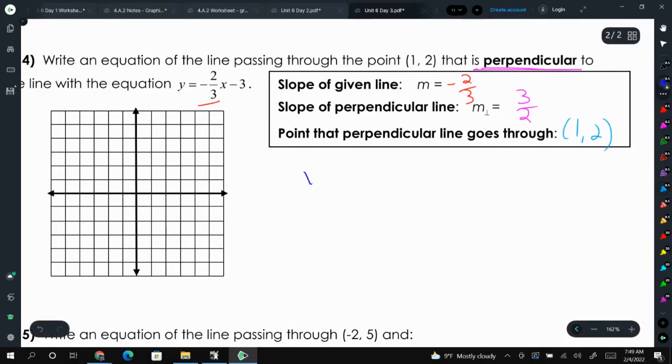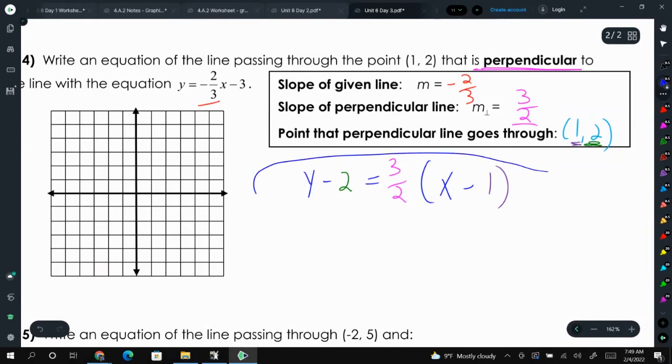So again, we're going to do y minus y1, which is 2, equals m, our slope, 3 over 2, and then parentheses x minus x1, which is 1. And that would be our answer.